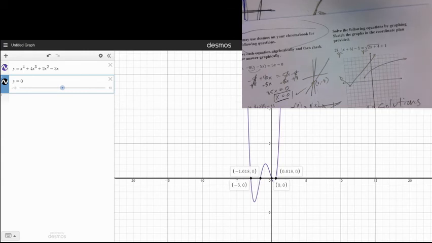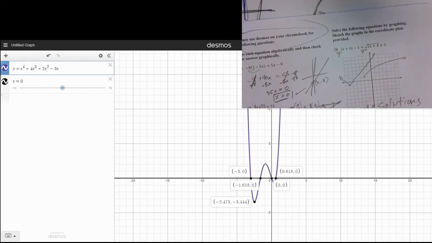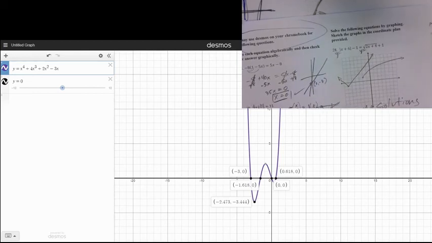And so it looks kind of like that, and my other graph is right there.